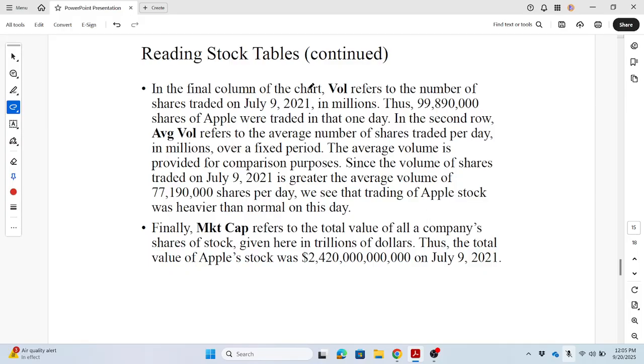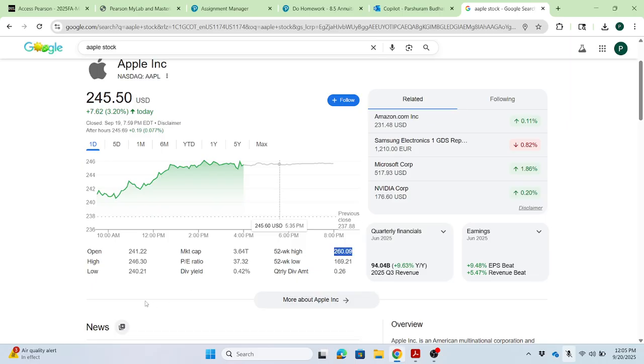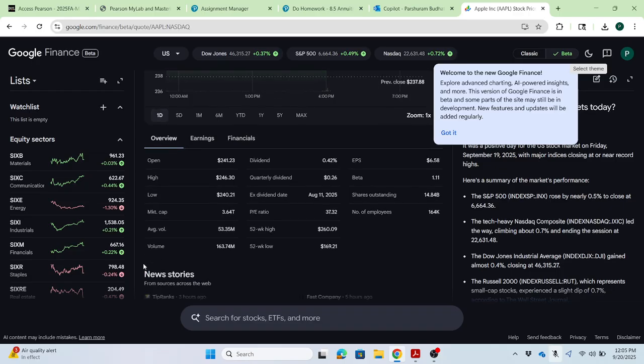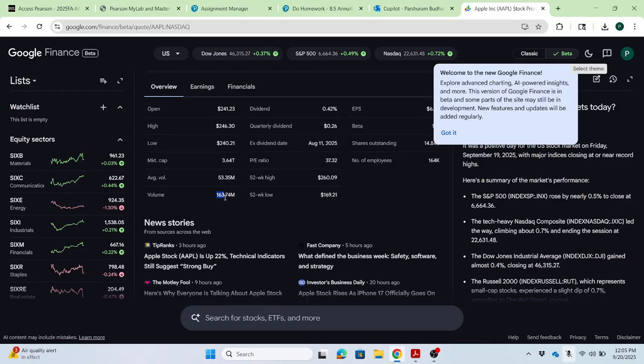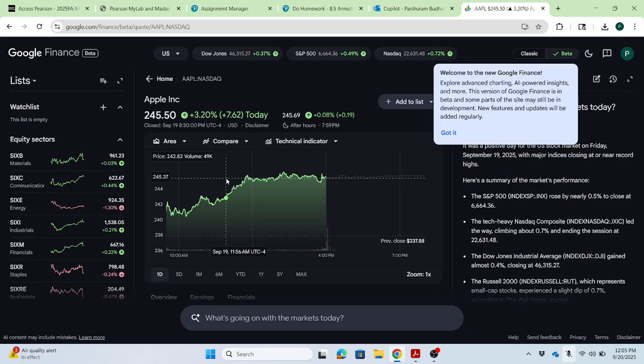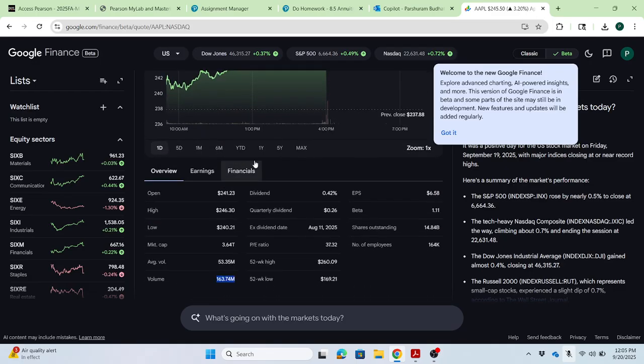In the final column of the chart, volume refers to the number of shares traded on July 9, 2021. So let me see if there is a volume here. This volume, it was 163.74 million shares of stock that were traded on this day, which is September 19, 2025.